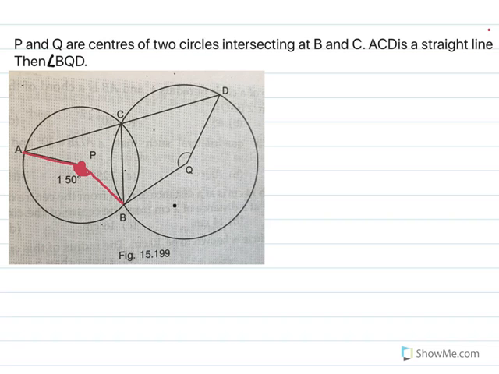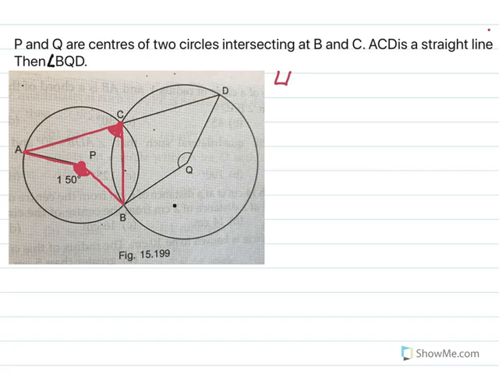So the angle at the circle will be at C. Let's trace the angle at the circle, here ACB. It will be half of 150. So let's write that first.